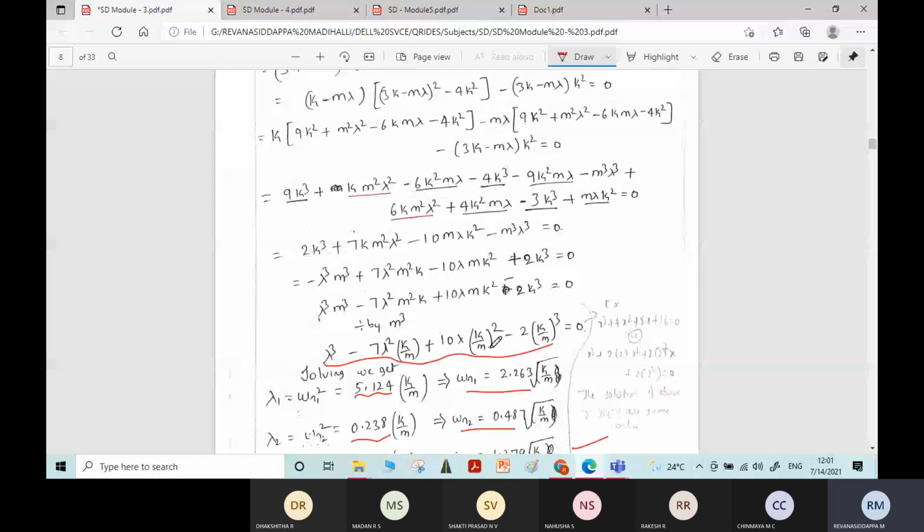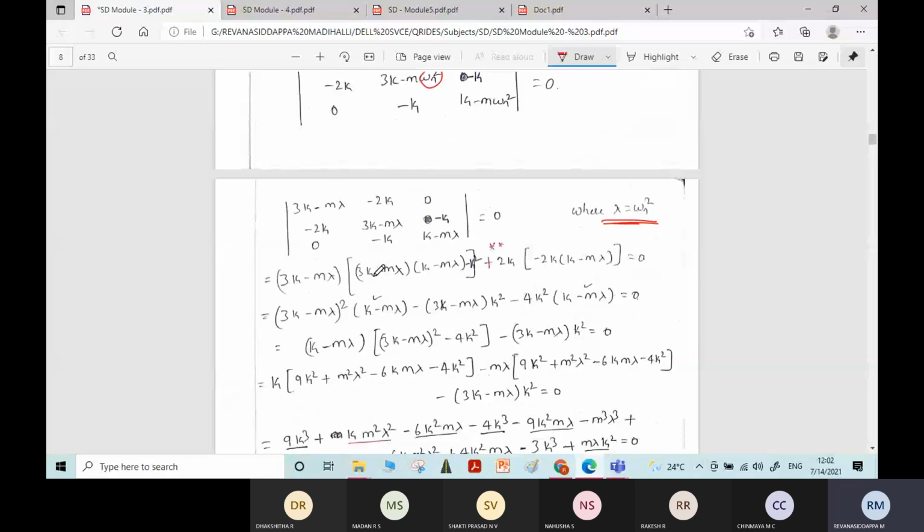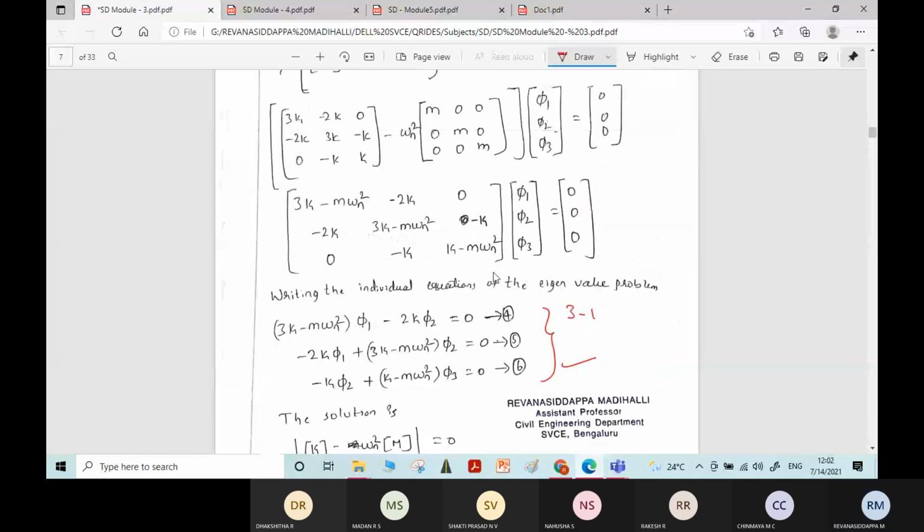So coefficient of k by m is 5.124, minus 1 into 5.124 into phi 1, minus coefficient of k which is minus 2, phi 2 is equal to 0. So you will get the equation for phi 2 in terms of phi 1.